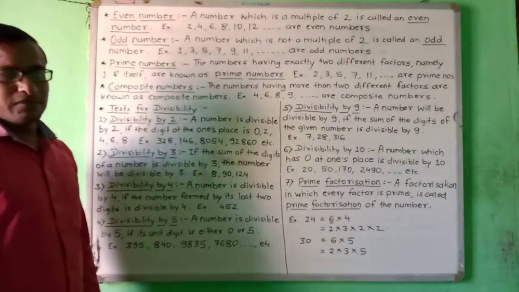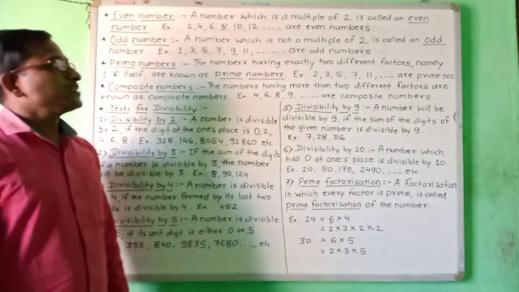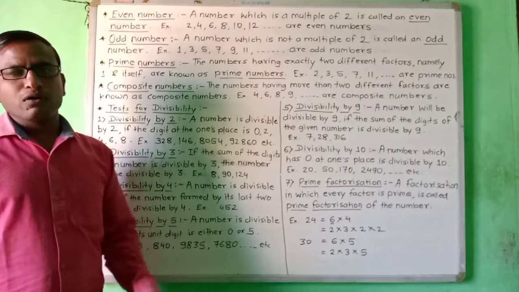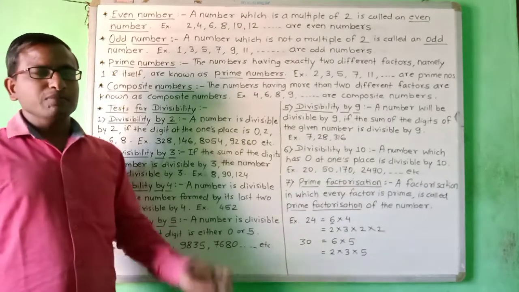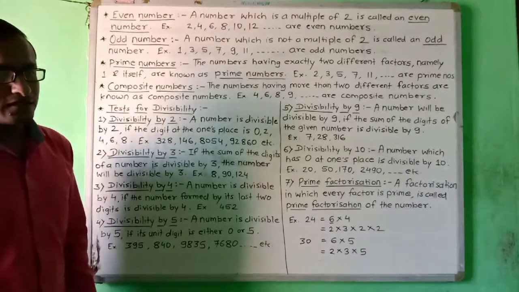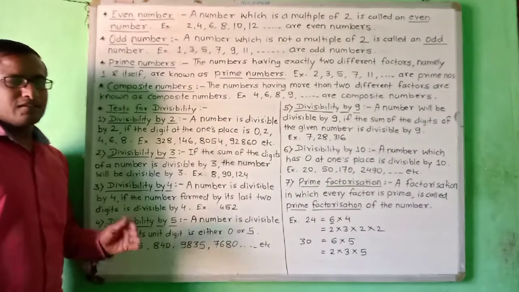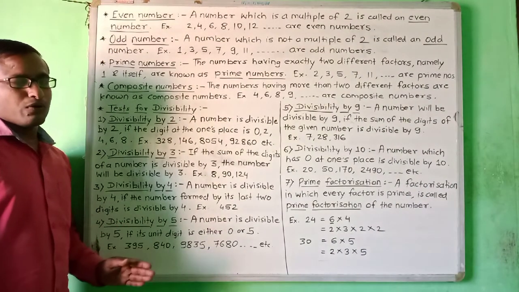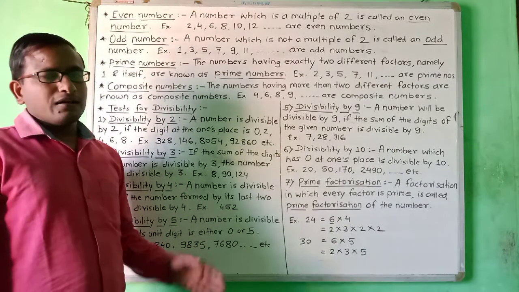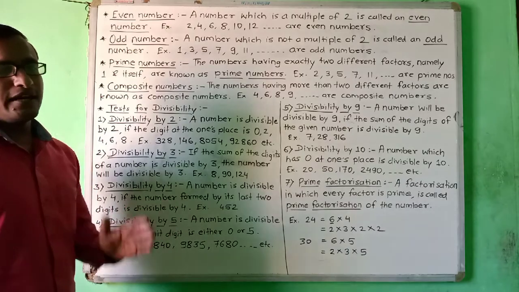An even number means a number which is a multiple of 2, or a number which is completely divisible by 2. For example, 2, 4, 6, 8, 10, 12, 14, 16, 18.